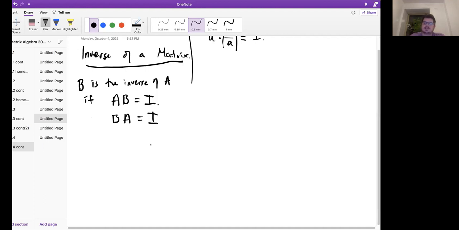Okay, let's talk about dimensions. Based on this definition of inverse, what is the only dimension of a matrix that could even have an inverse?